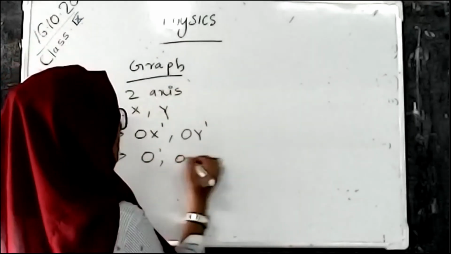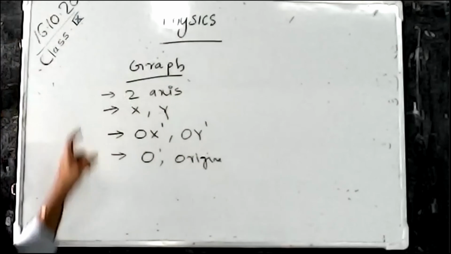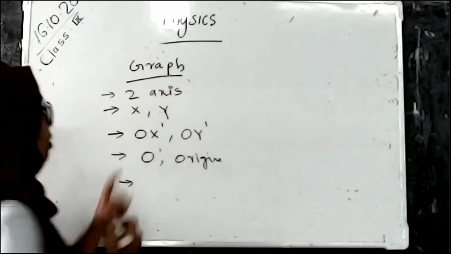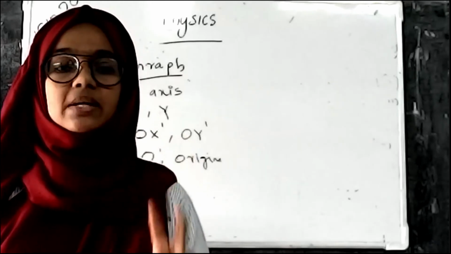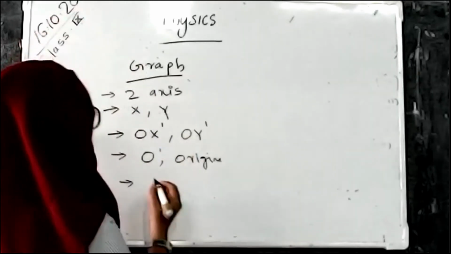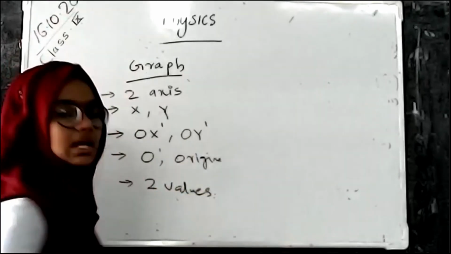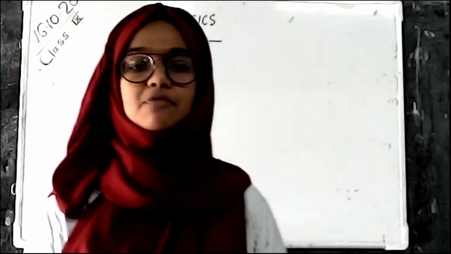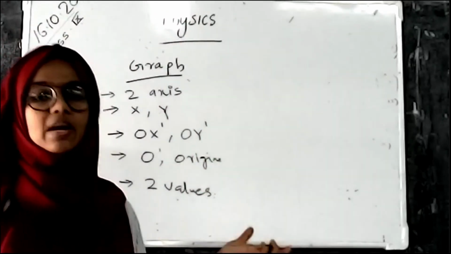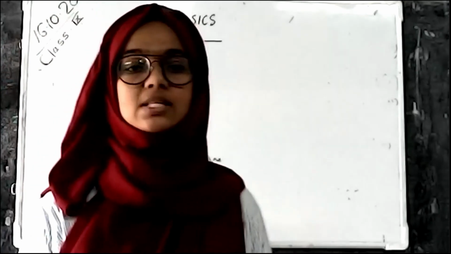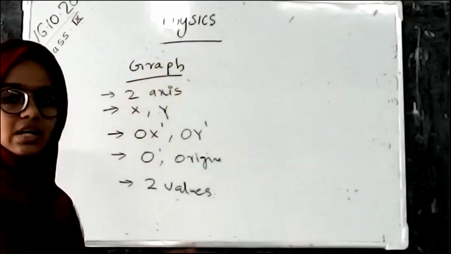So O is the origin. And we have to depict two values in a graph. Using a graph, we get the answers in a simple way instead of mathematical calculation. So these are all the properties of graphs.